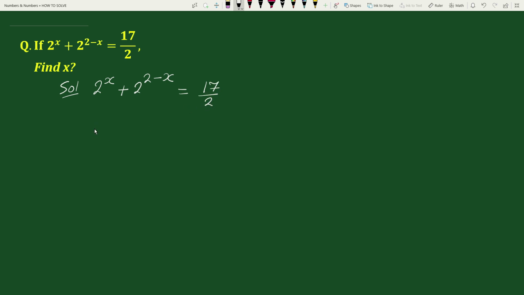This equals 2 to the power x plus, now by the exponential rule we know that a to the power m by a to the power n equals a to the power m minus n. So we can write this as 2 square by 2 to the power x equals 17 by 2.